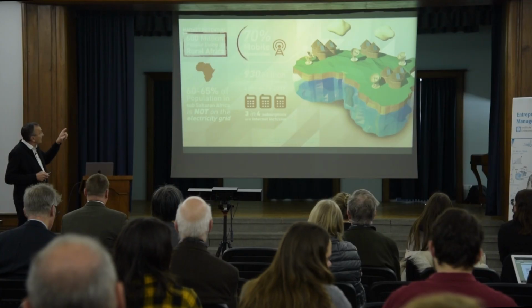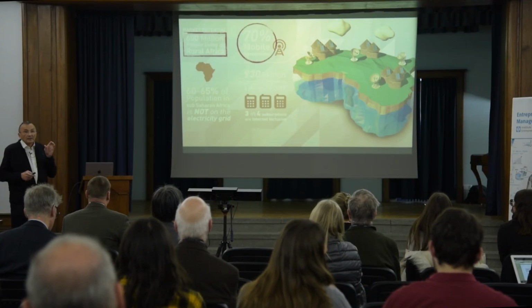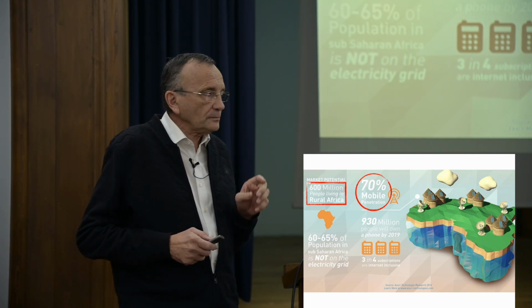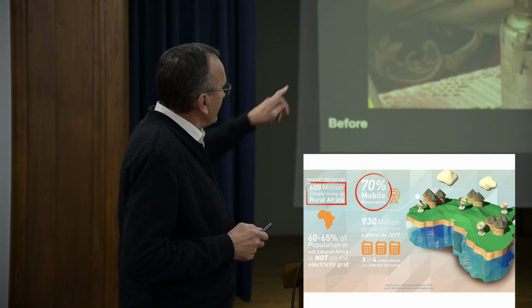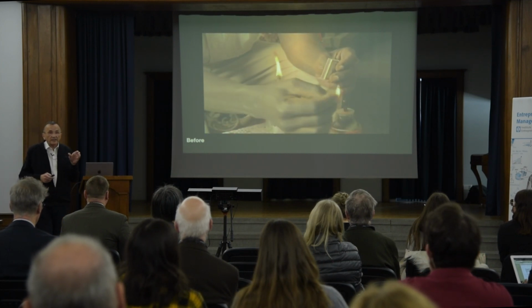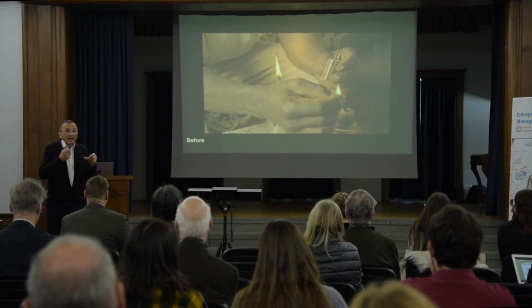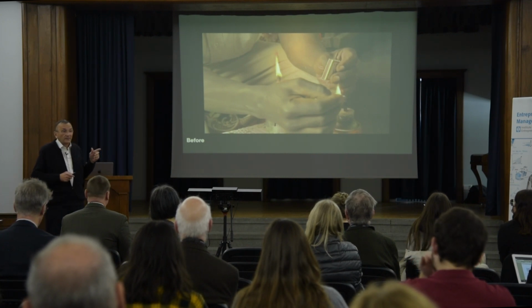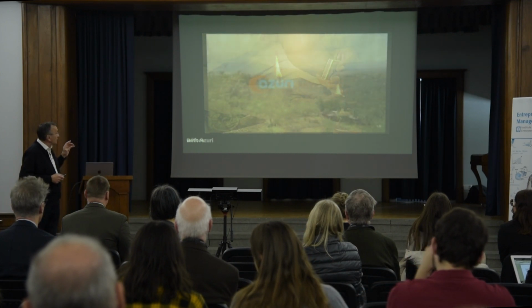But he also knows that 70% have a mobile phone, okay, in Africa. So the idea is to replace this situation because we have no access to electricity. One way to have light inside your house is to use those lamps with kerosene. And then he came with the Azuri solution.